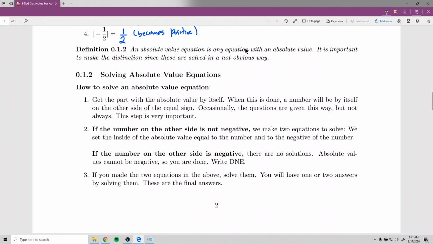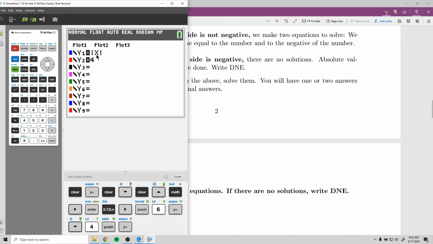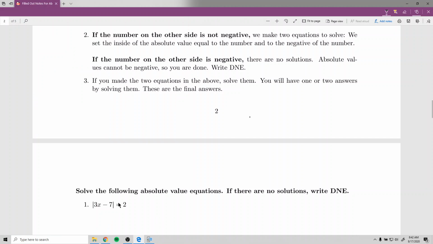So the way this is going to help us: when you have an absolute value equation, you get the absolute value by itself. Down here the absolute value would be by itself, just to look at this example, the same one I did in the calculator. The absolute value of x, that's by itself. There are no numbers outside of it. And then you'll have a number on the right side once you're there.